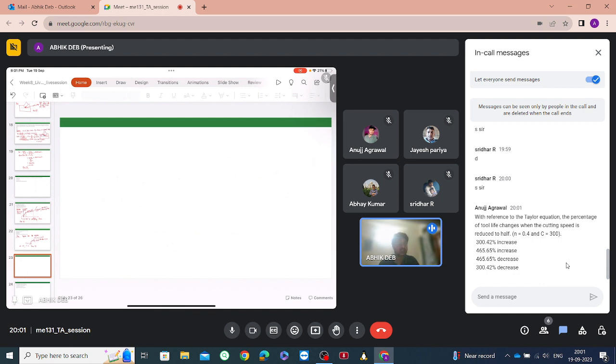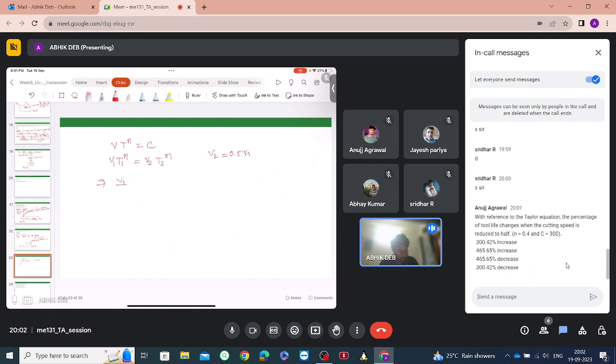You have said that the cutting speed is reduced to half. So V t to the power of n is constant here. Let us denote V1 t1 to the power of n is V2 t2 to the power of n. V2 is 0.5 of V1, right?